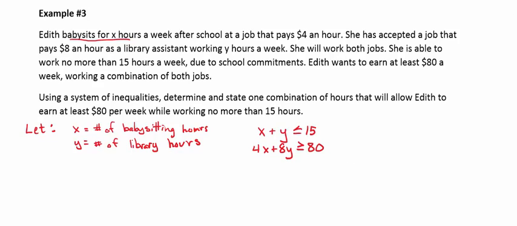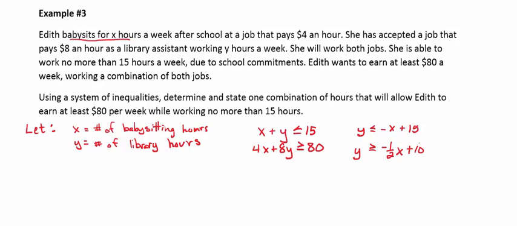Now, if we were to rewrite these inequalities in a form that we can graph, we would have y is less than or equal to negative x plus 15. This is simply isolating y. We would also have y is greater than or equal to negative 1/2 x plus 10.